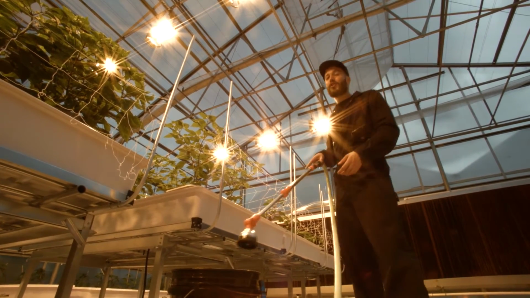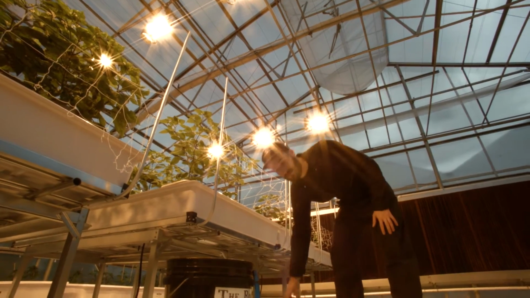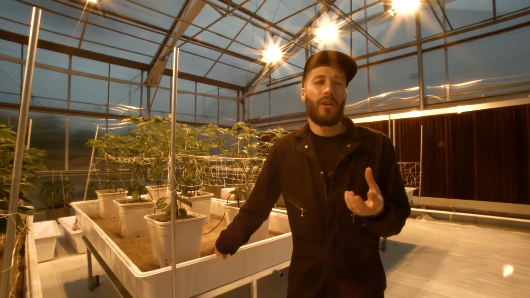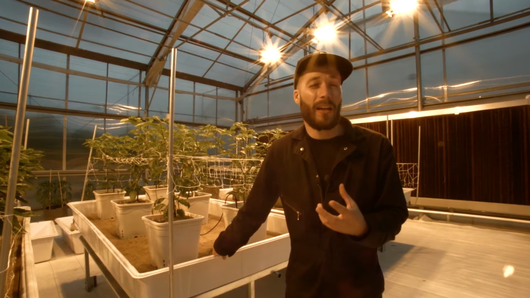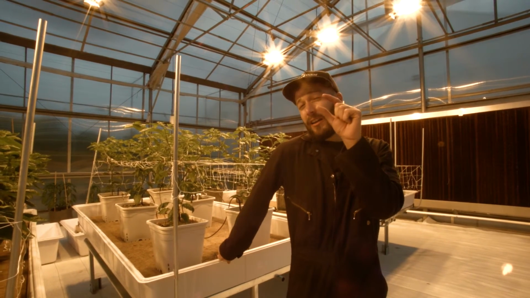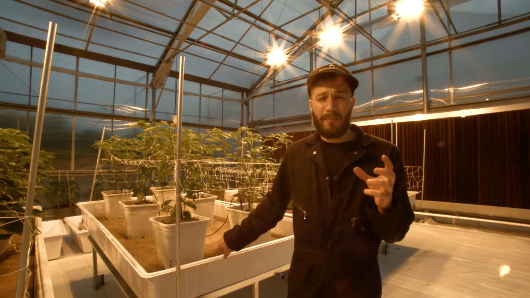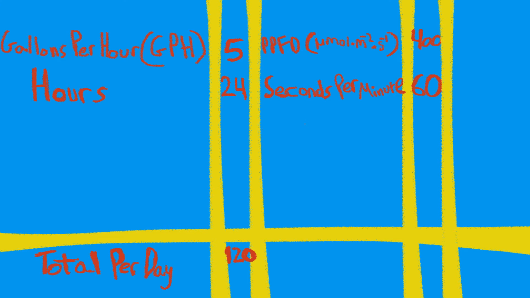So we need to do the same thing with our light reading. If I have a PPFD reading of 400 micromoles per meter squared per second, that is my instantaneous flow per second. If I want to get it per day, then I multiply that by 60 to get my flow per minute, multiply that by 60 again to get my flow per hour, and then I multiply that by the amount of hours the lights are on to get my total light delivered.